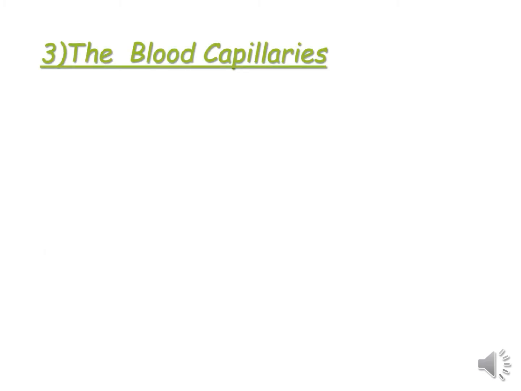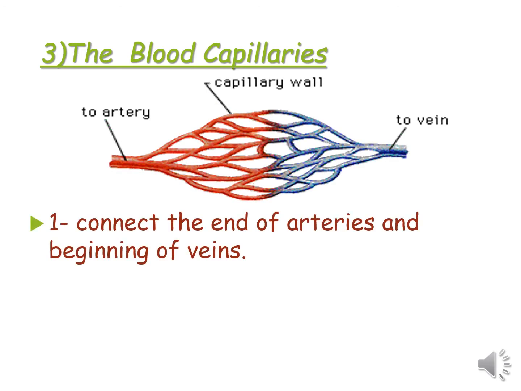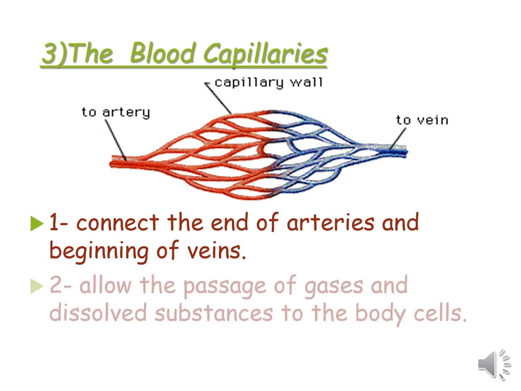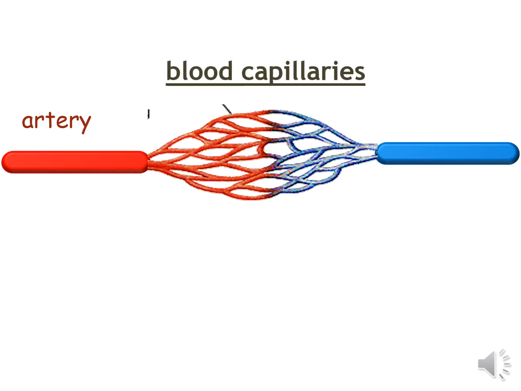The third type of blood vessels, the blood capillaries, connect the end of arteries and the beginning of veins, and allow passing gases and food to body cells.